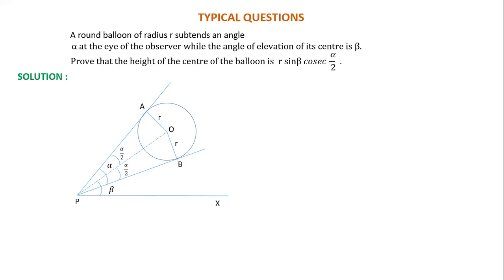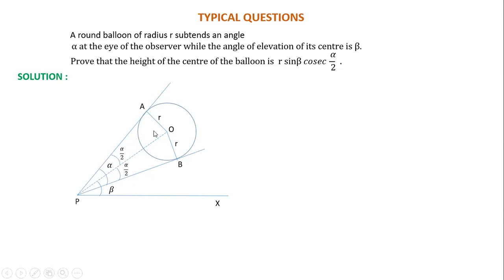How is it? Here we make use of the congruency concept. In these two triangles, this is the radius of the circle, and this is a tangent to this circle, and this is also a tangent. Tangent lengths from an external point are equal. Therefore PA and PB are equal, and OA is equal to OB because both are radii of the same circle, and a tangent is always perpendicular to the radius.